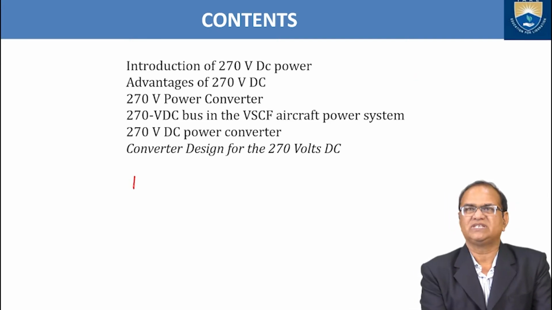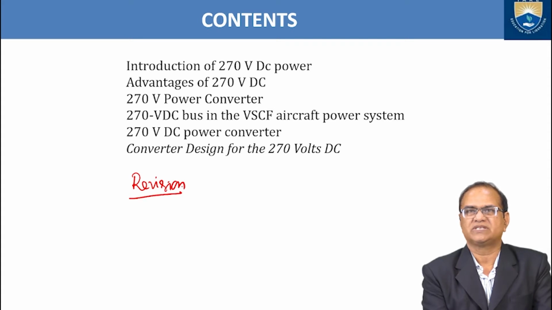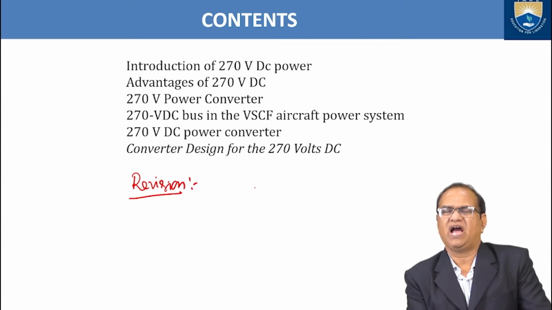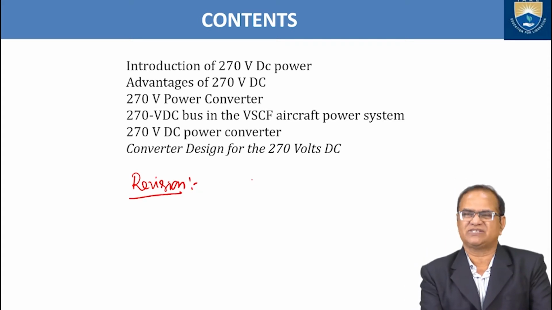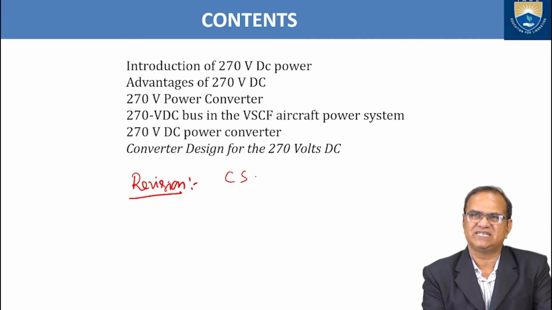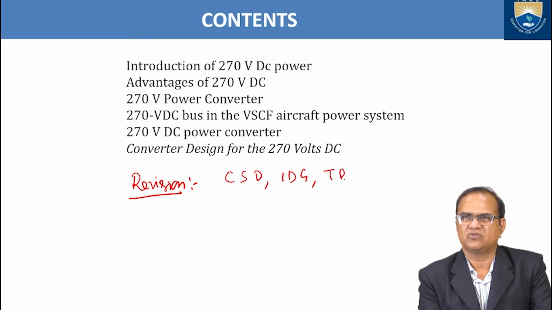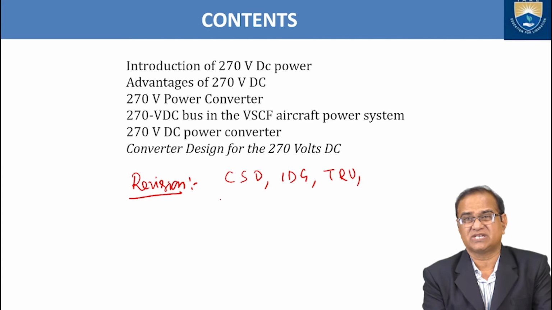I will first go through a revision of some previous topics. I have discussed the power generation system, in that the CSD, the IDG (integrated drive generator), the constant speed drive, and the TRU. I have also discussed the emergency power supply.